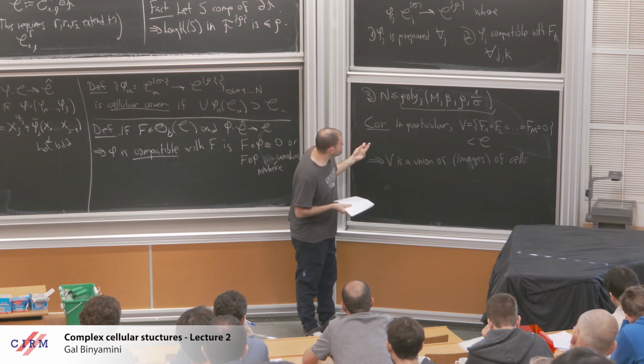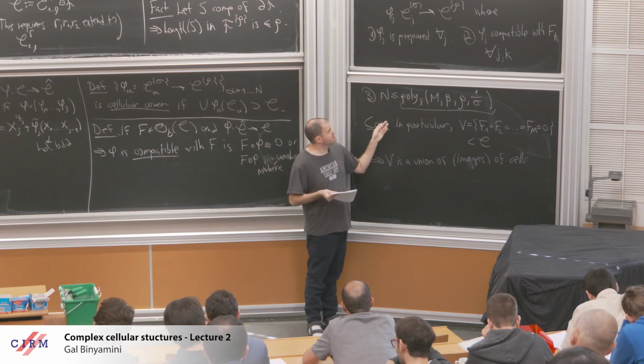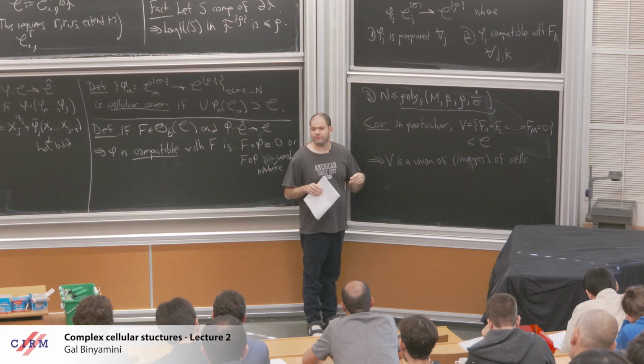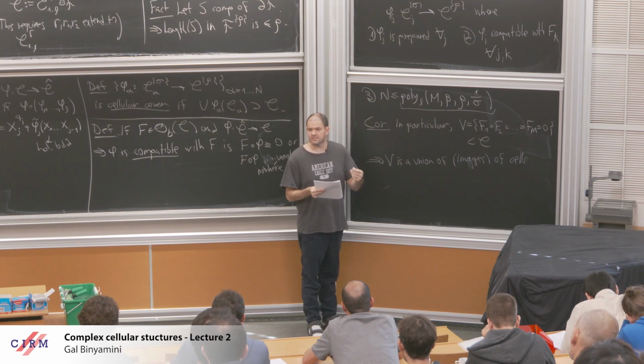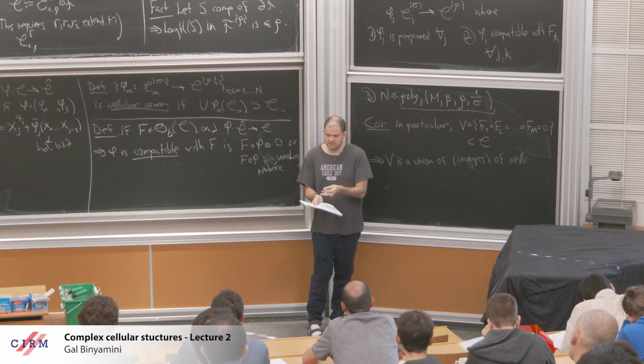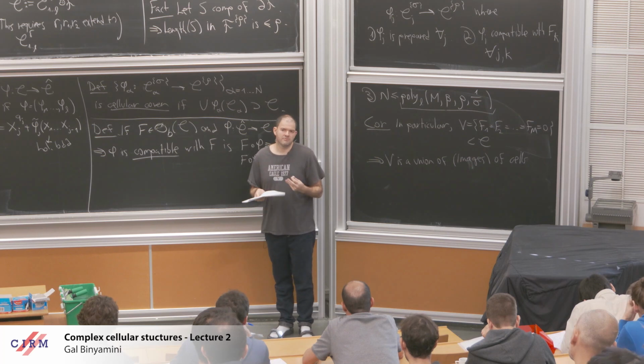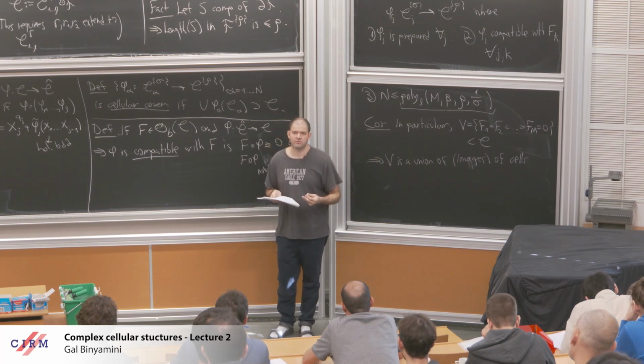And the intuition is that whenever you have a cell compatible with a function, that is like a chart where the function is a normal crossing divisor. Okay, so I'll show that this is true in some precise sense, but that's the intuition, the sense in which this is close to resolution of singularities.